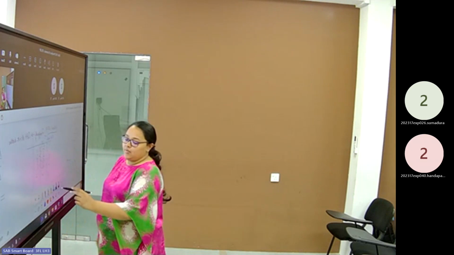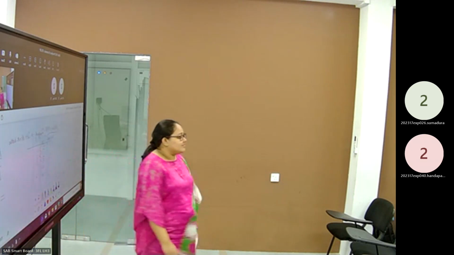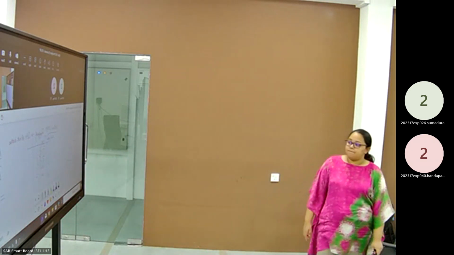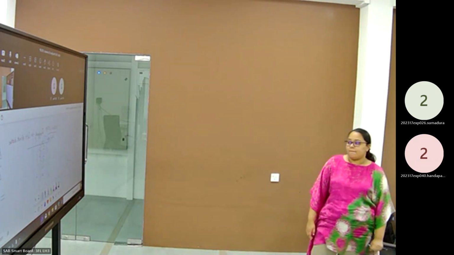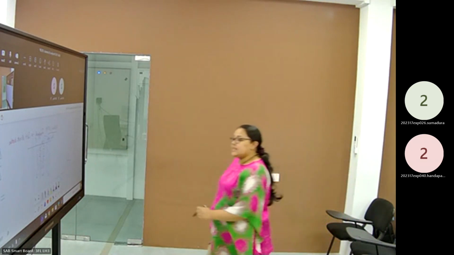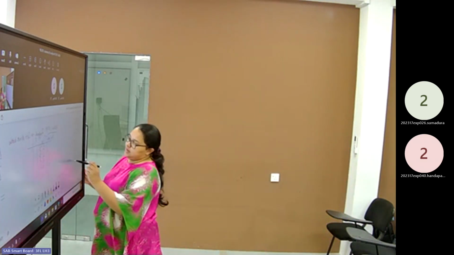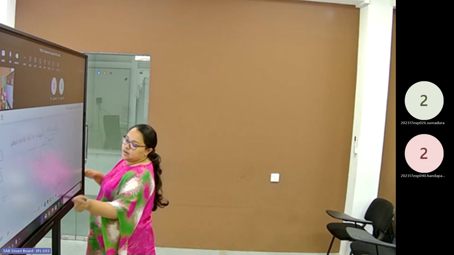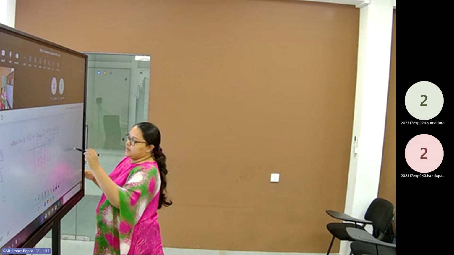Not the best curve, very difficult to draw with this board.